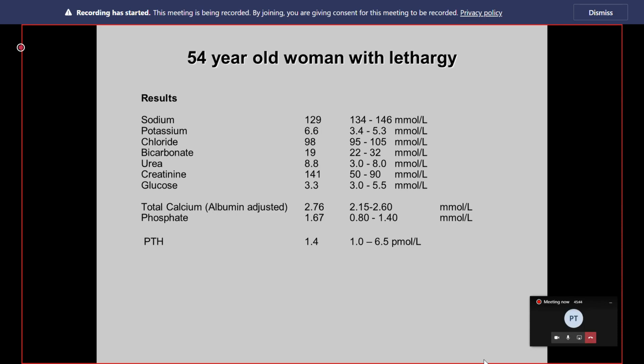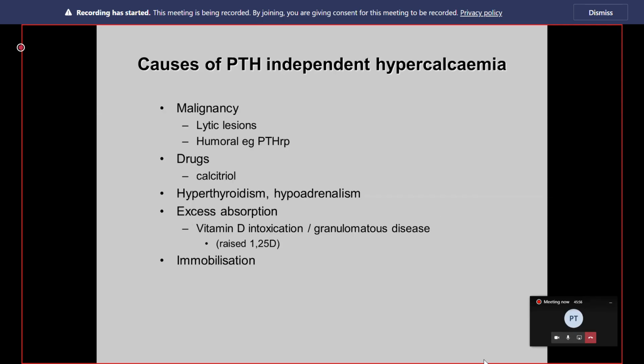PTH in this instance is at the lower end of normal, so it sounds like PTH-independent hypercalcemia. So we have to consider causes of PTH-independent hypercalcemia: malignancy, drugs like calcitriol, hyperthyroidism, hyperadrenalism, excess vitamin D, and immobilization.